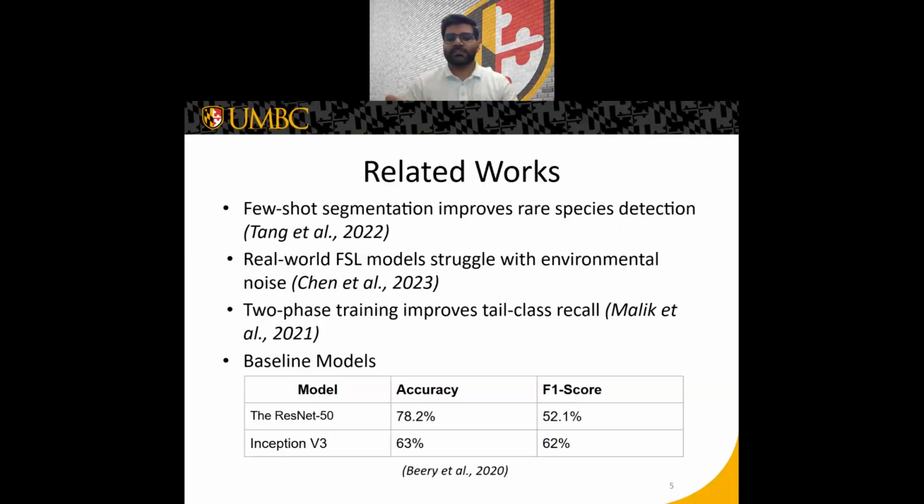Then we did two-phase training to handle tail class recall in few-shot and one-shot by combining them and making a new approach, which we will explain in detail further. The baseline models for this project are ResNet 50 and Inception V3. The accuracy and F1 score of these two models are not that good, so that's why we found a gap and worked on this.